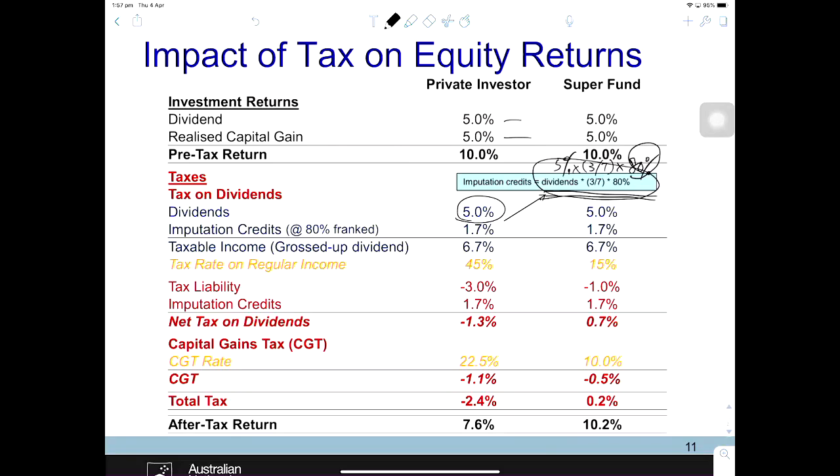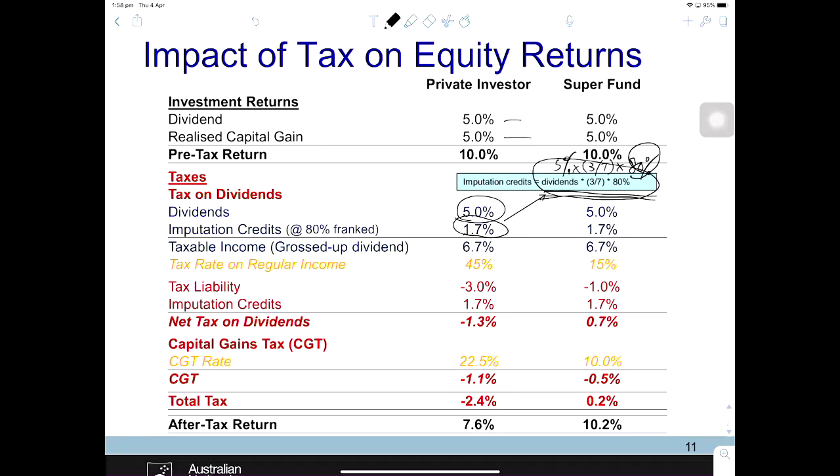So 80% is an average franking level of listed Australian companies. So here we apply this formula and calculate. For 5% of dividends distribution, the investor is entitled to 1.7% of imputation credits.